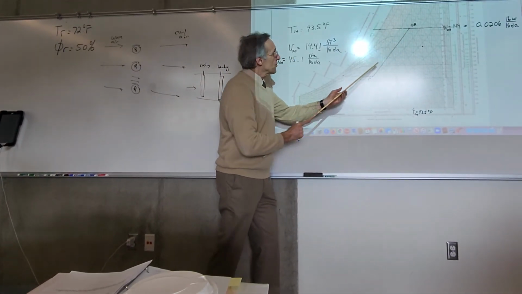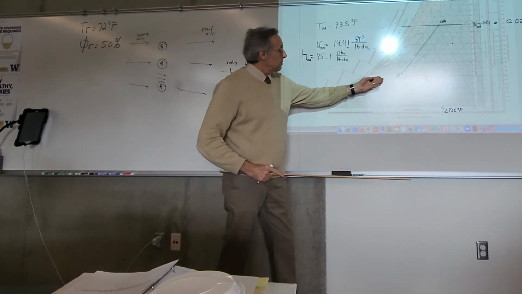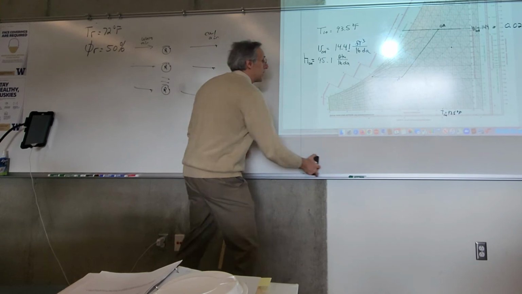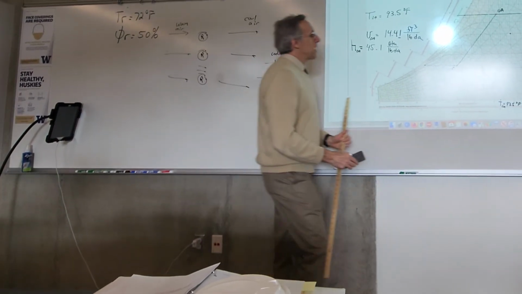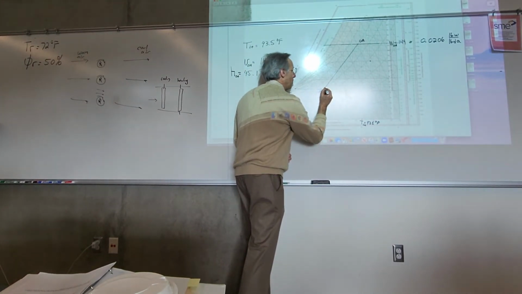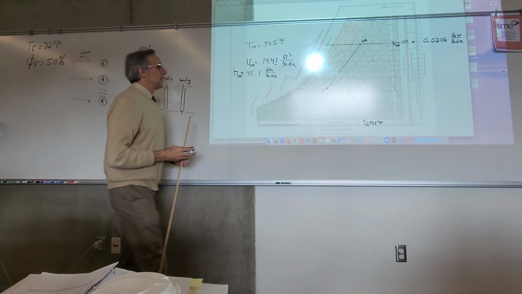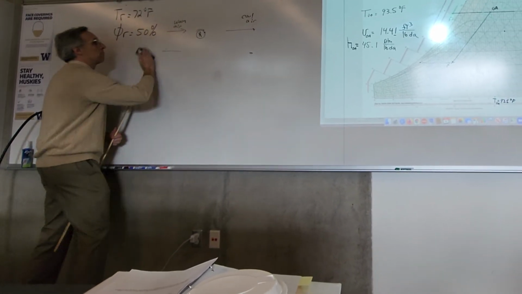In the example, just for simplicity, we're going to add this part in later, because that's how we really design a lot of the simpler types of systems. But right now, we'll make believe that we can do a direct cooling, and this is just to show us how to do the energy calculation.